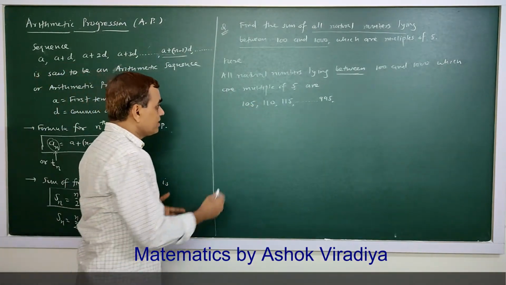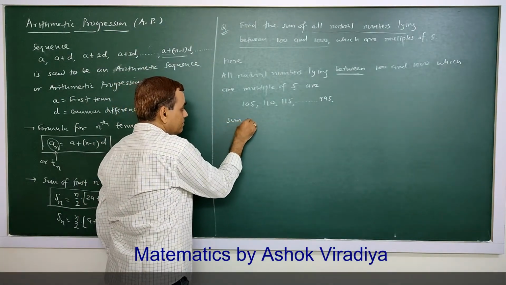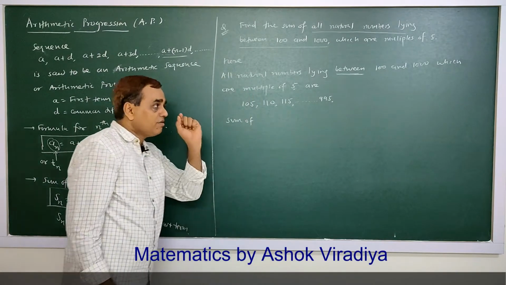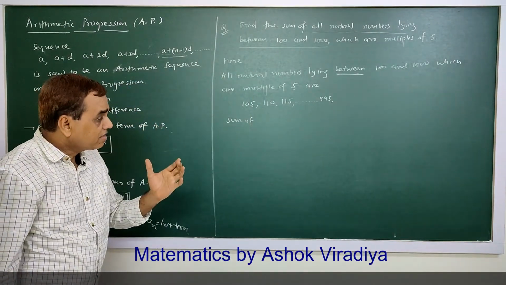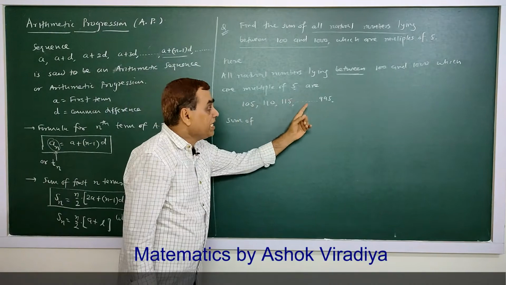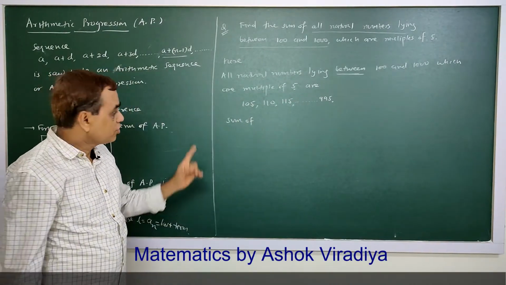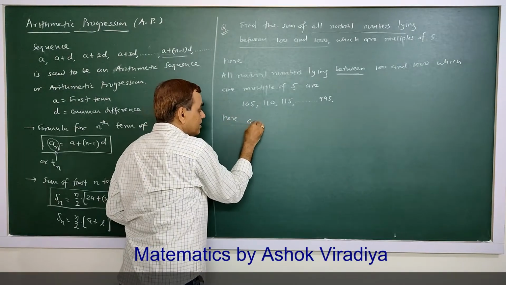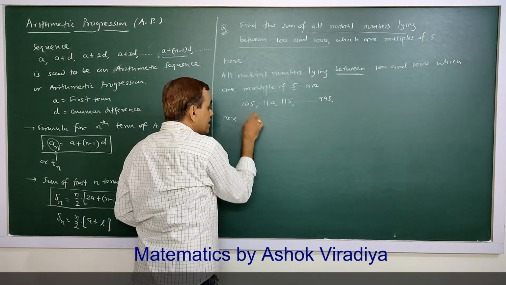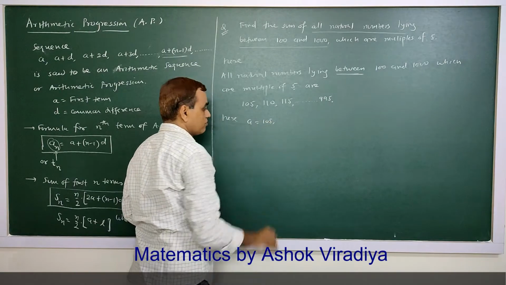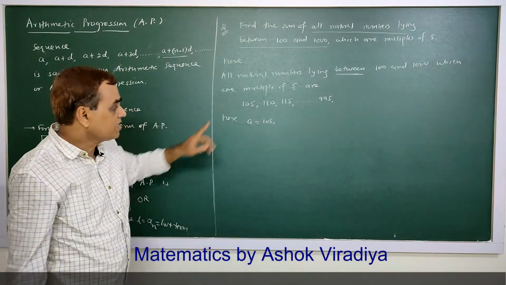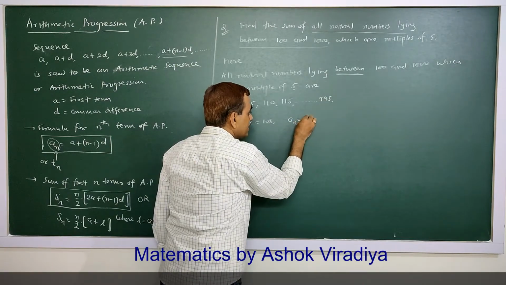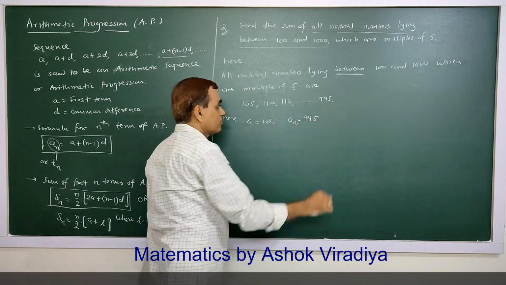So sum of these numbers, to find sum of these numbers, first of all we need, these are how many terms. So say here first term a is 105, last term an is 995.